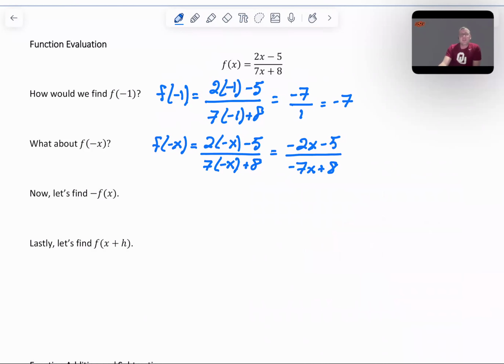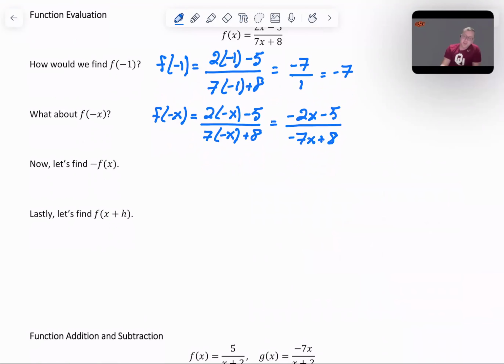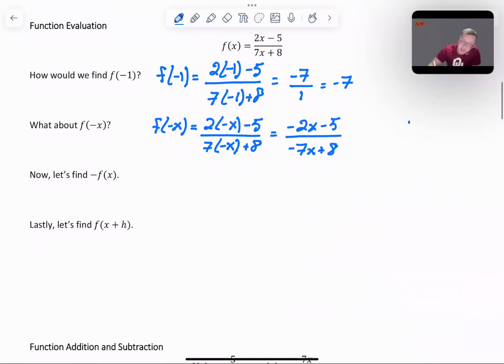And you can see in the next one, whenever we calculate negative f of x, right? So let's calculate negative f of x and see what we get. Because remember, a function is odd if we had f of x, or f of minus x, is equal to minus f of x. That's when we had an odd function, right? So let's see what happens in the next one.